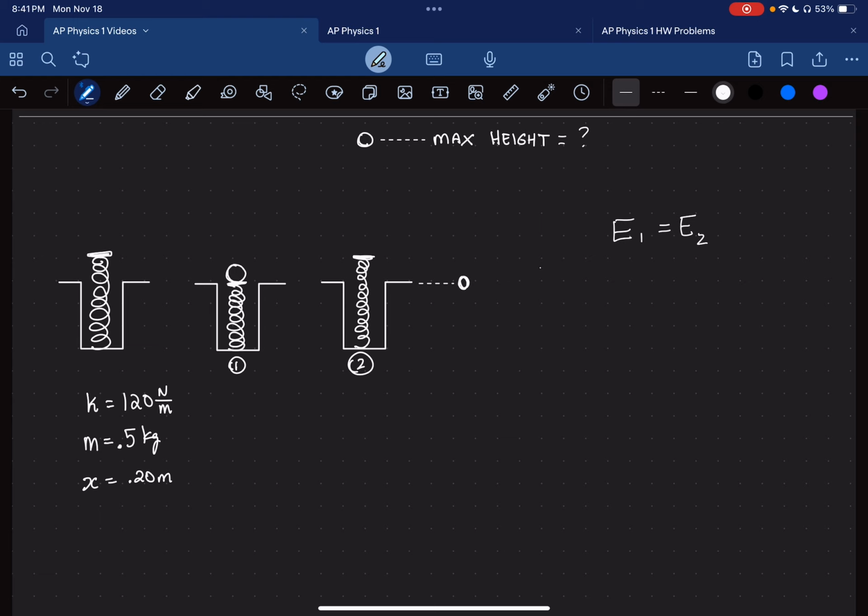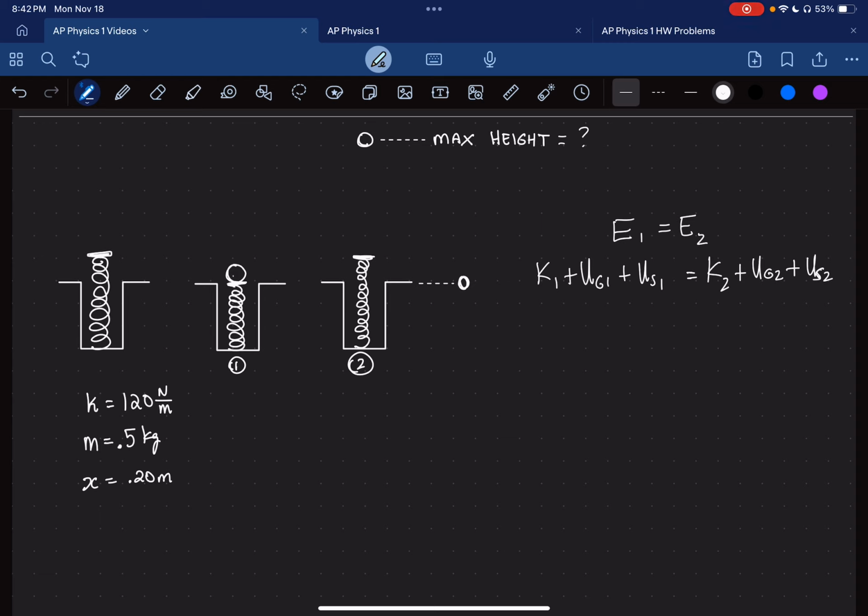We can say K1 plus UG1 plus US1 equals K2 plus UG2 plus US2. And so right away there are some energies that are 0. Let's take a look at position 1.